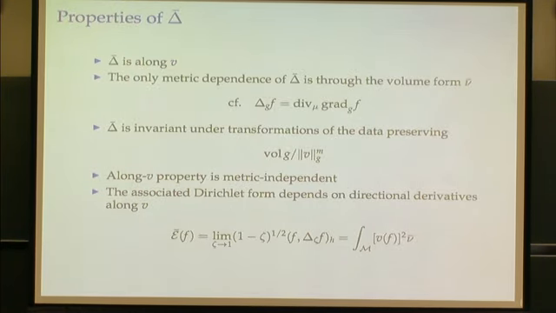If we look in particular at the Dirichlet form associated with this diffusion operator, we see that it will penalize, it will put a lot of energy on functions which vary strongly along the vector field. In other words, functions with low Dirichlet energy are those that we expect to vary predominantly transversely to the dynamical vector field.